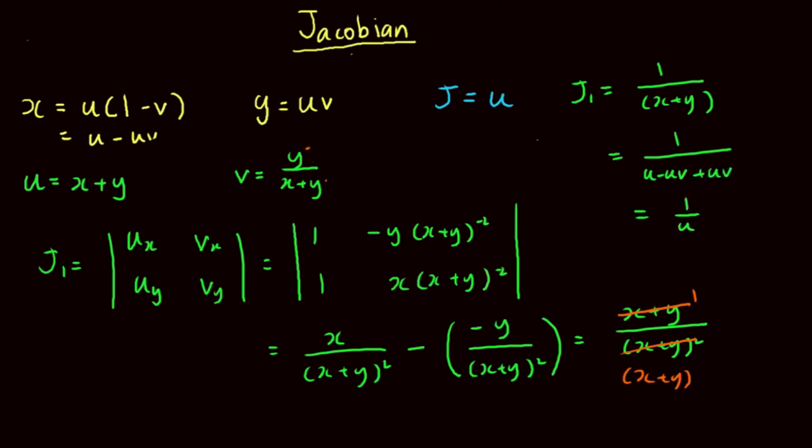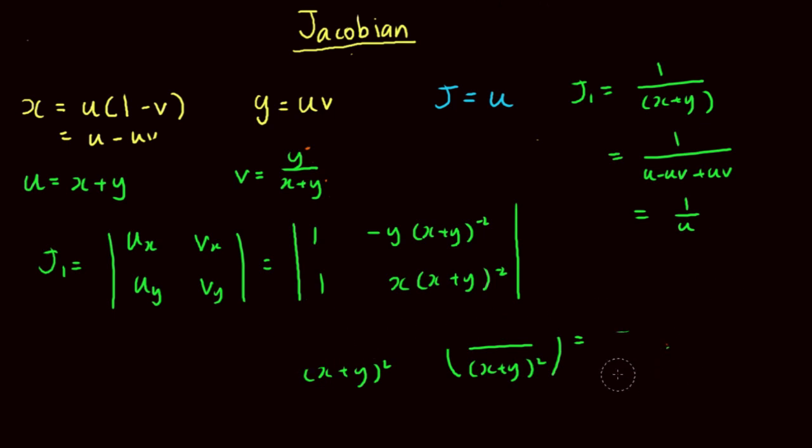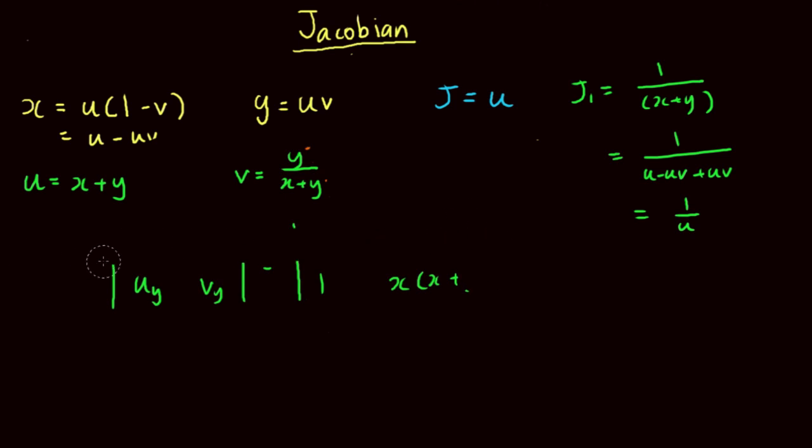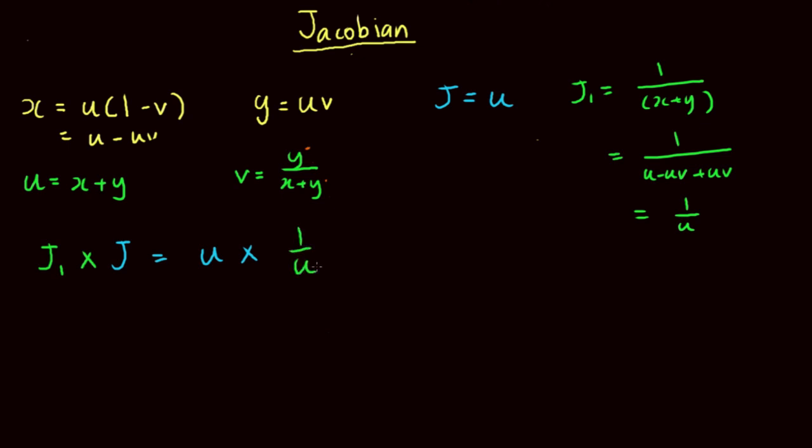Okay, so from all of this we can finally prove that J1 times J is equivalent to u times 1 over u, which will obviously give us 1.